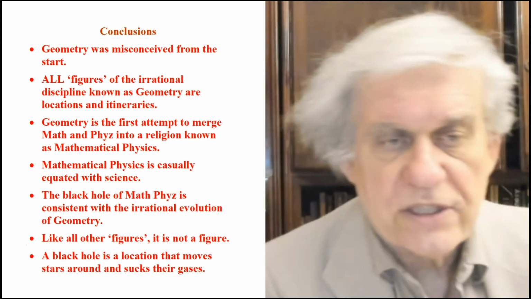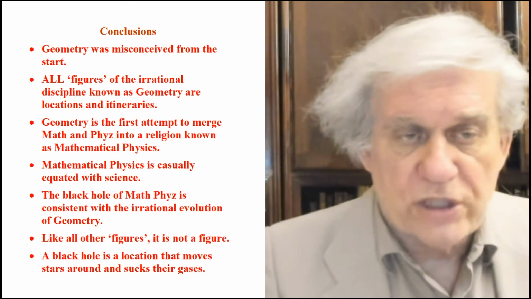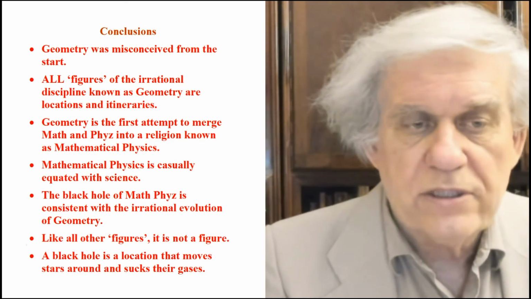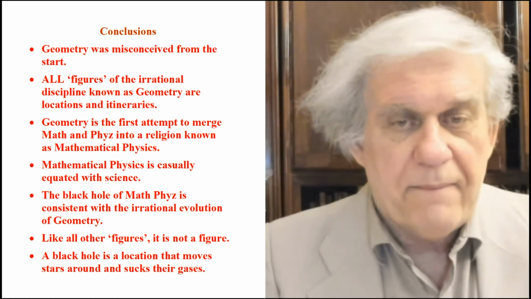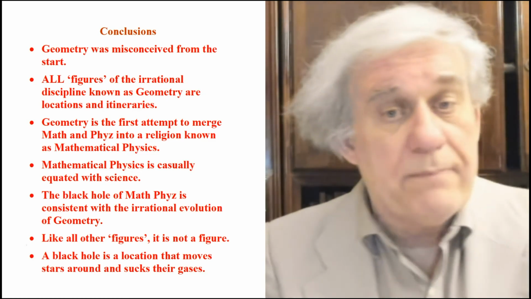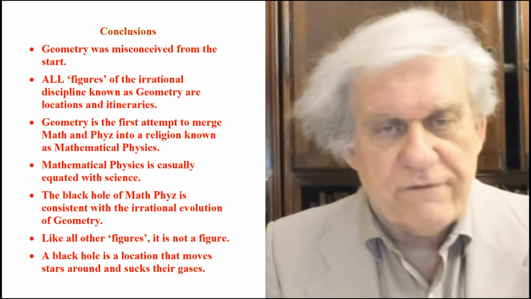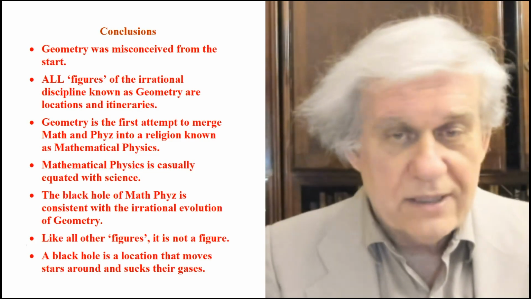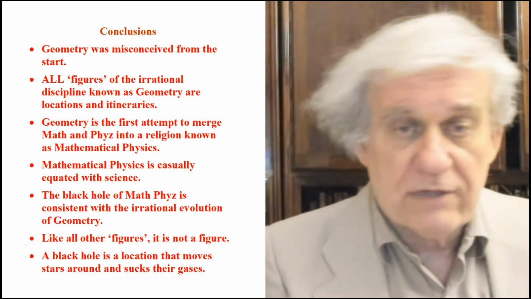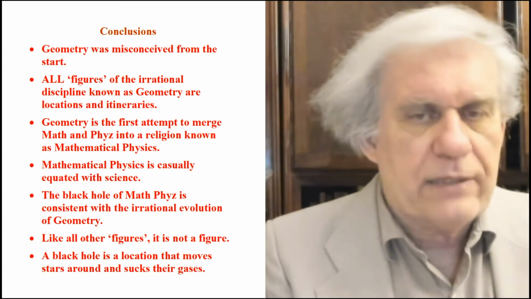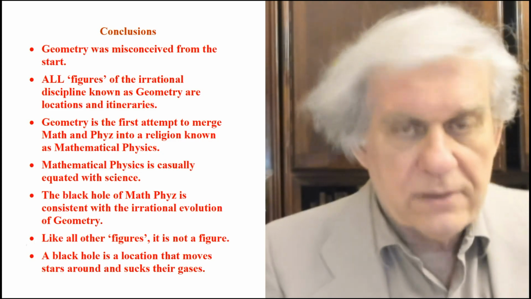And geometry is the first attempt to merge math and physics into a religion known as mathematical physics. That's why you have irrational explanations today, because they started with rotten foundations. They carried them over into mathematical physics, and today we have this so-called religion, irrational discipline called mathematical physics, which attempts to merge math with physics when one has nothing to do with the other.